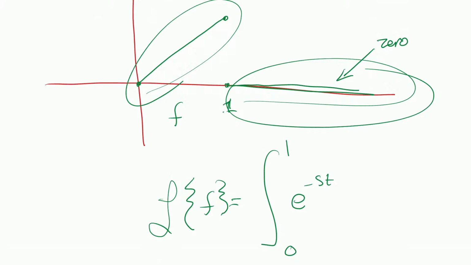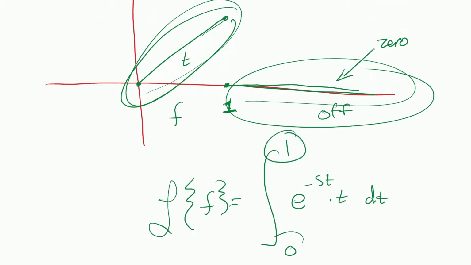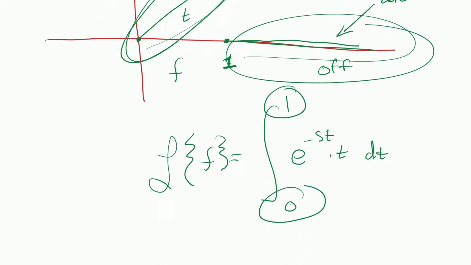So this is on, this is off. I guess f of t equals t, so e to the negative st times t. Notice now I have a lower and upper limit that's not infinite. So there are a couple of discontinuous functions, you do your best with them.